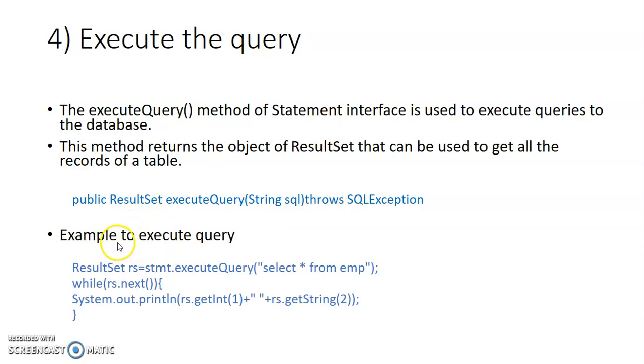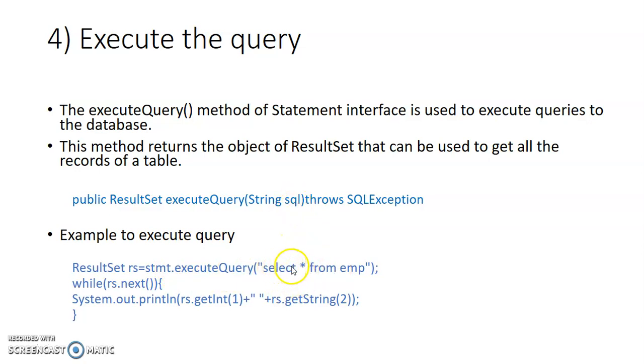Now we will see the example to execute the query. ResultSet rs, rs is again a reference, is equal to stmt.executeQuery. executeQuery belongs to the Statement interface, so I need the stmt, the Statement object, to call executeQuery. It accepts one query, the SQL query.